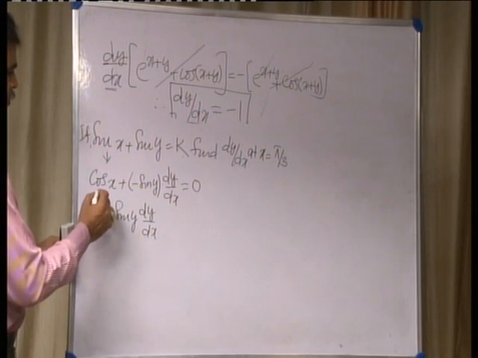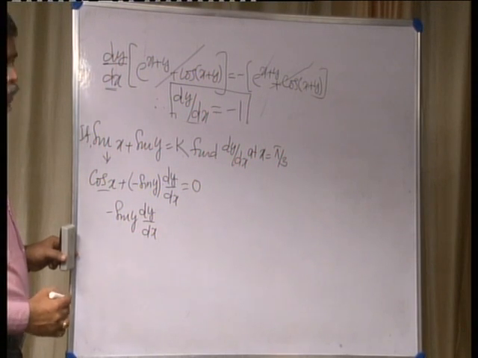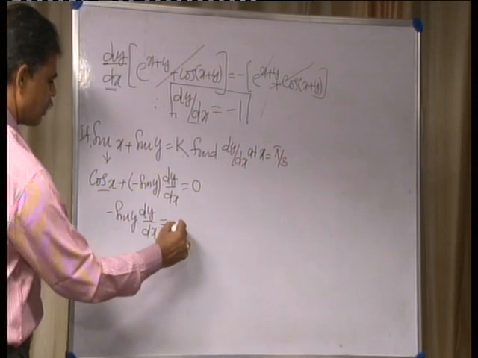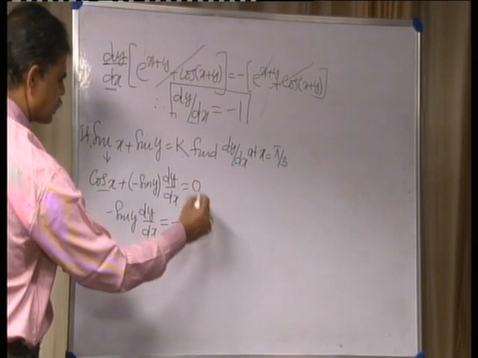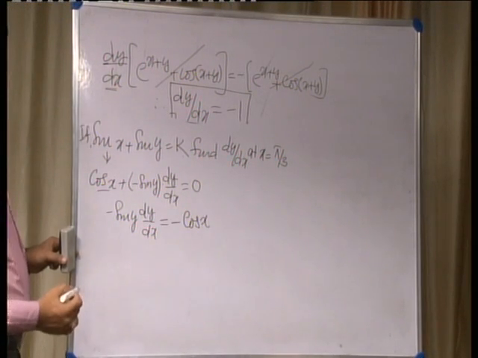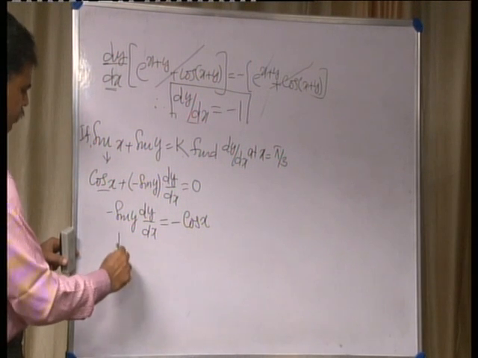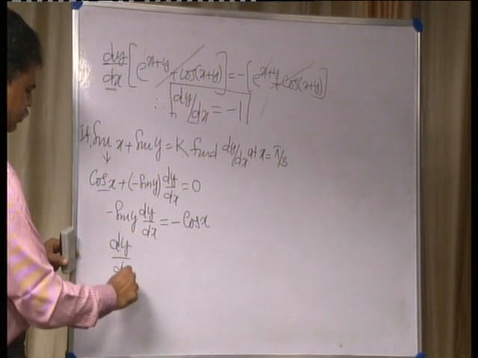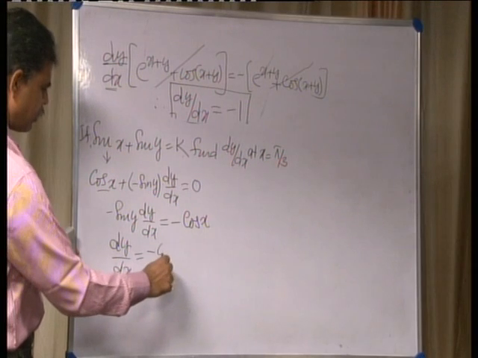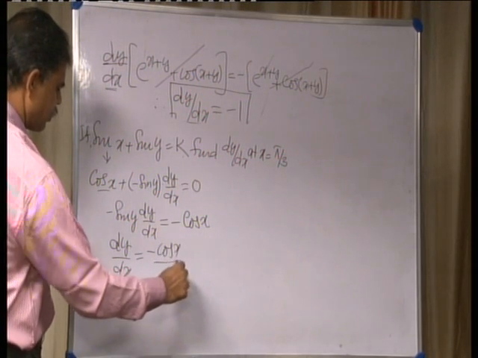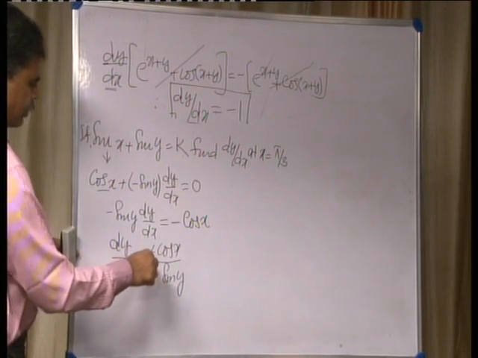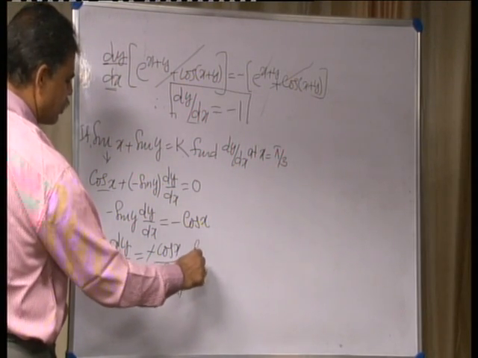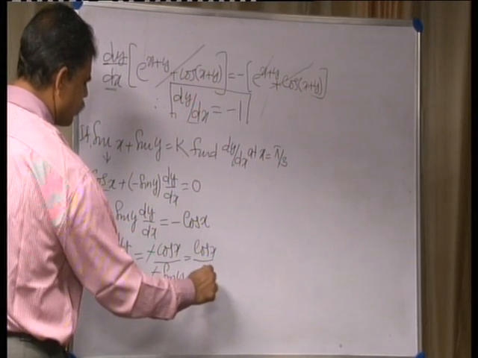The cos x which does not have dy by dx is to be transferred to the other side, that will become minus cos x. Then dy by dx is equal to minus cos x whole divided by minus sin y. So, minus minus cancel, it is cos x divided by sin y.